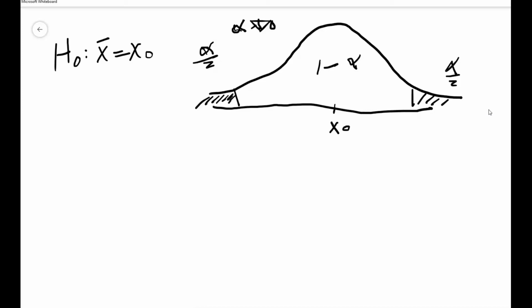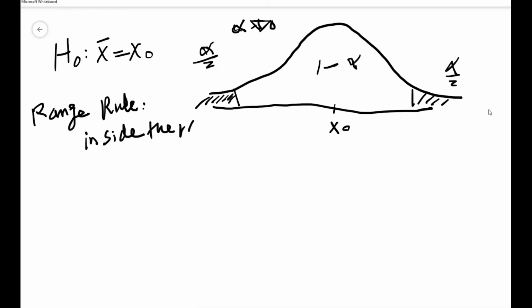The first rule I call the range rule. The concept is very, very simple. If it is inside the range, we accept the null hypothesis.